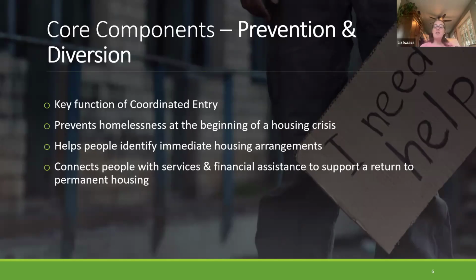So Matt mentioned some of the things that are done. You want to identify, and you are identifying immediate housing arrangements. Is there mediation with mom to get back home? Is there a landlord someone knows who can help out? What can we do? Can you sleep on someone's couch? What can we do to make sure that you're not going back to the streets or that we're not putting you into a system that we wish we didn't have to put you in? We also know that we're going to connect you to all kinds of financial services.